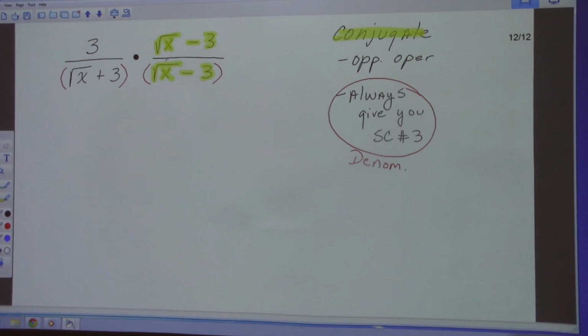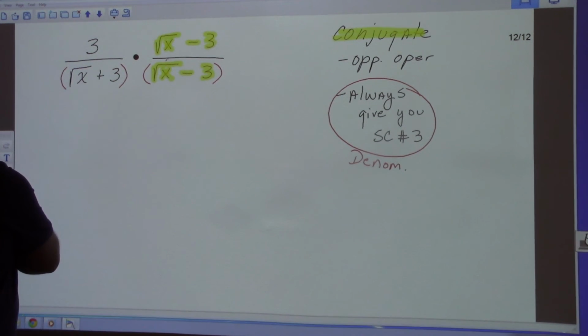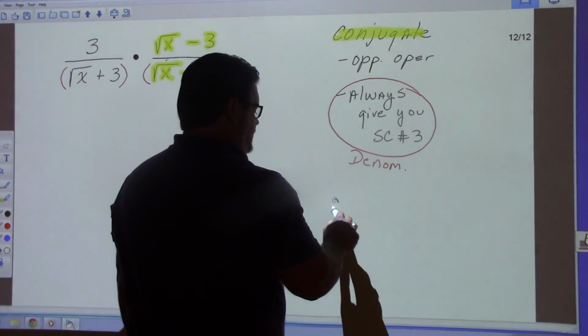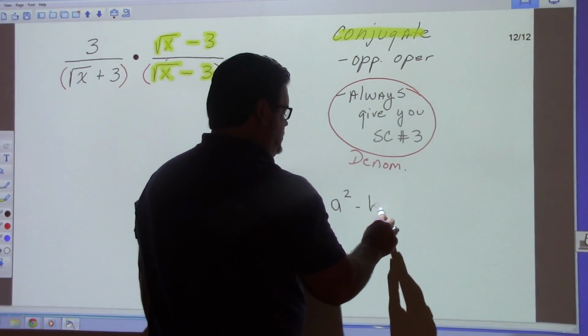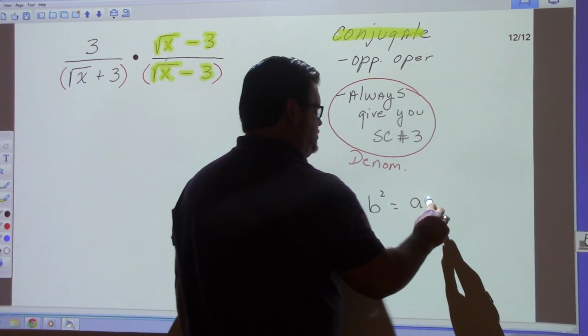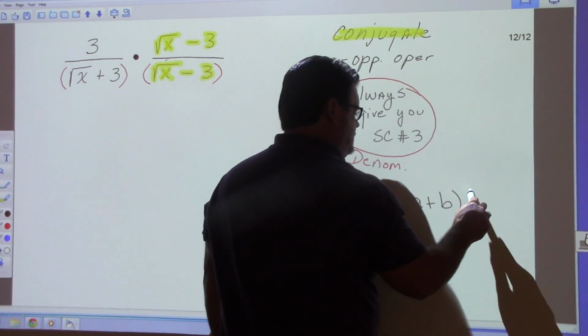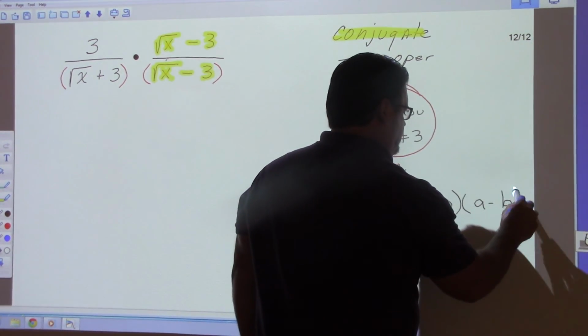For those of you that were not here, Three Musketeers. Shortcut number 3, to remind you, a squared minus b squared is equal to a plus b times a minus b.